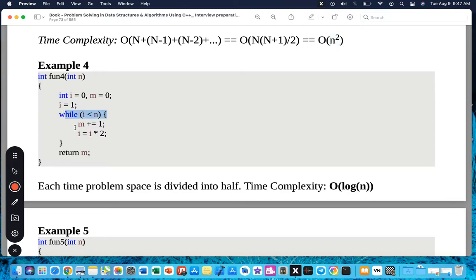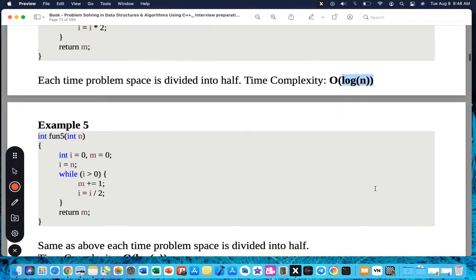Using the while statement, where we double i, i equals double i. All right. Each time the problem space is divided into halves, the complexity is log.